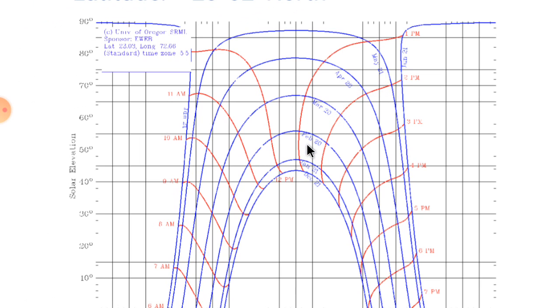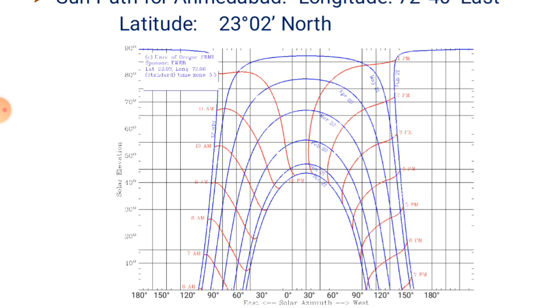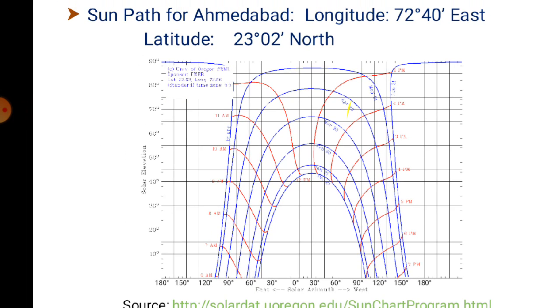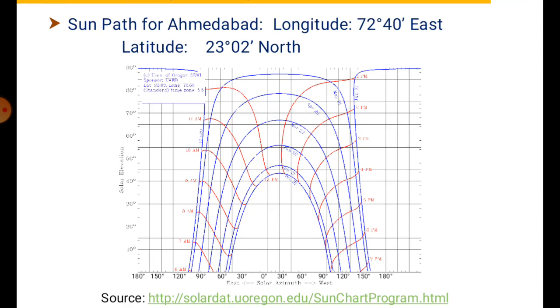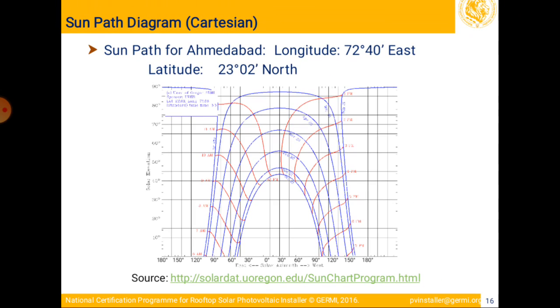So this is the practical waveform that we have drawn, and that will show the output, or we can say the sun path of Ahmedabad according to the longitude 72.40 east and latitude 23.02 degrees. And from this sun path diagram, we can say that in this particular month or at this particular time we will get the maximum output or efficiency from the sun or solar PV module.